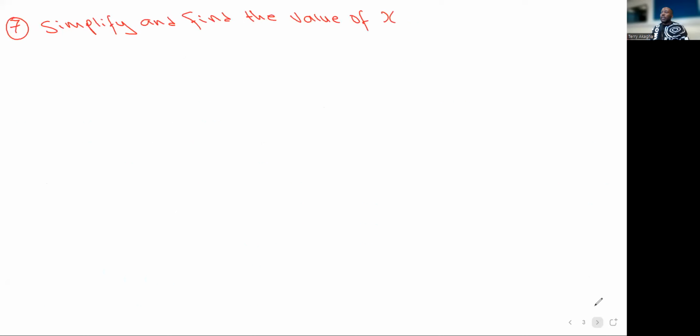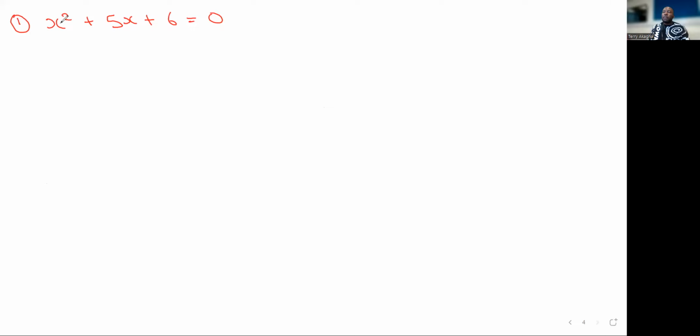So let's go and check. If you look at this now, the coefficient of x squared here is 1. So a is equal to 1, b is equal to 5, and c is equal to 6. Because a is equal to 1, we can use this method to solve.